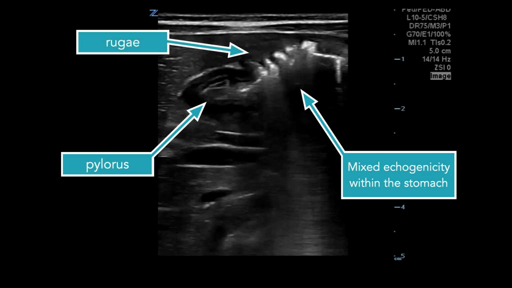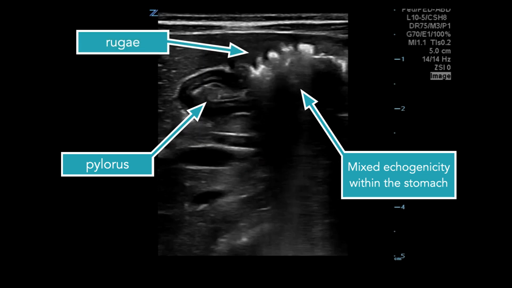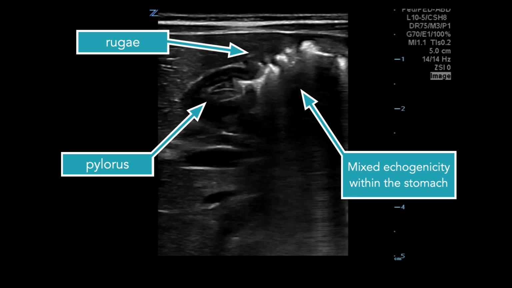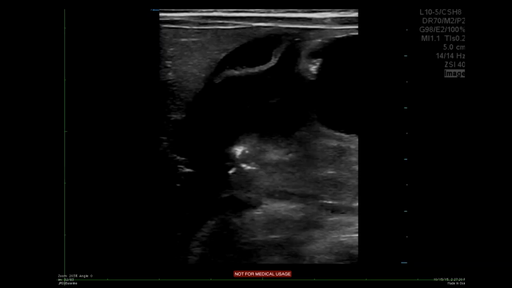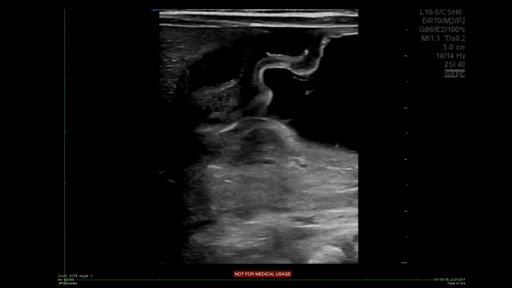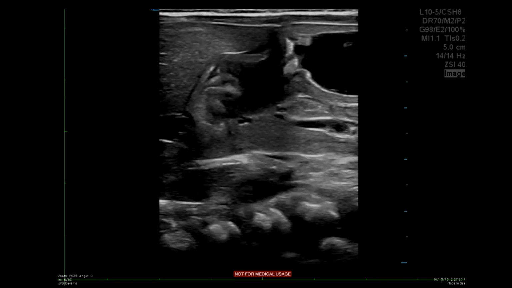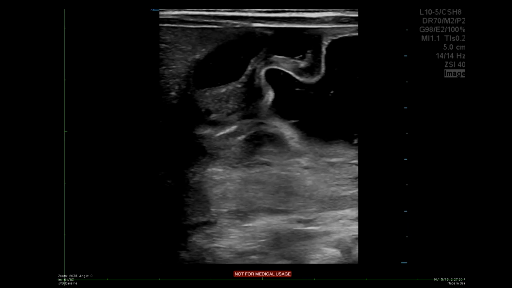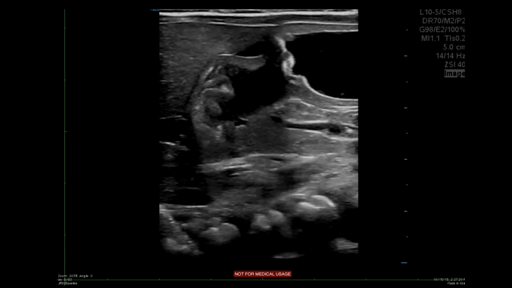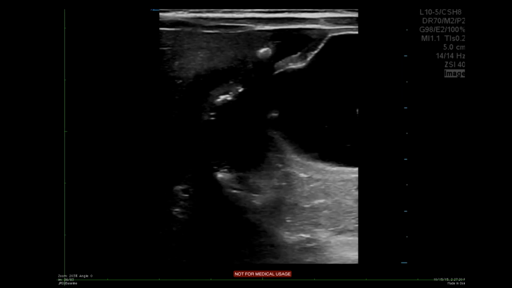And in this clip, you can even appreciate the rugae of the stomach. Here's another clip that's very clear as the stomach is likely filled with Pedialyte or formula. And as you scan, you can see that the pylorus is thickened.